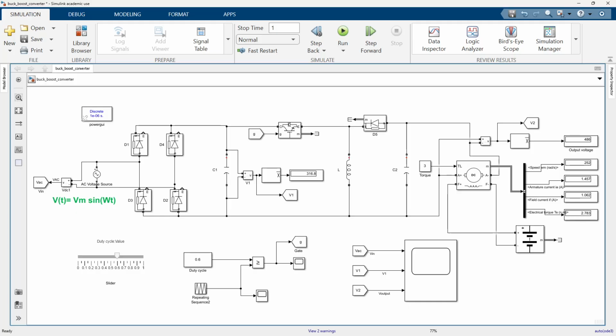Now, the rectifier and DC-link. The AC voltage is then fed into a single phase diode bridge rectifier, which converts it into a pulsating DC voltage. We are using four diodes, two in series, and they are connected in parallel to each other, and this forms a single phase bridge diode rectifier.